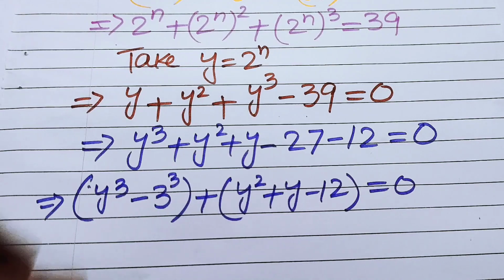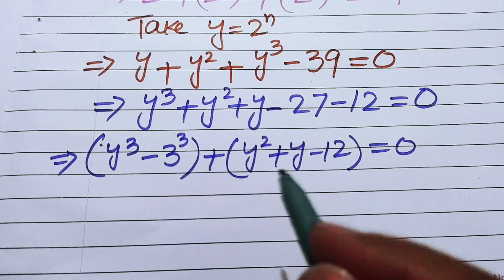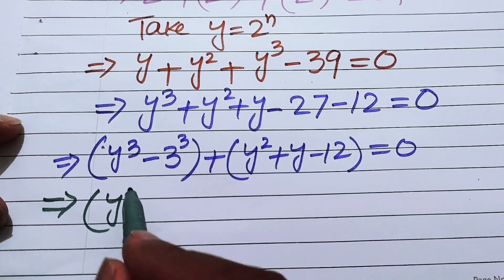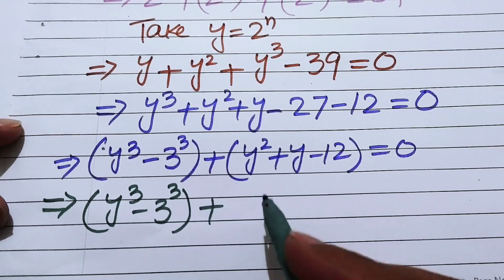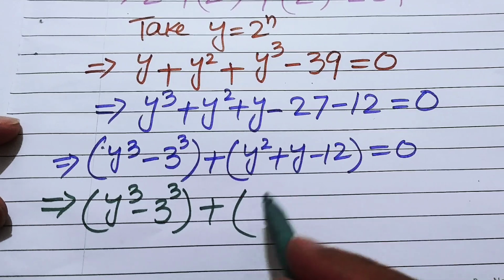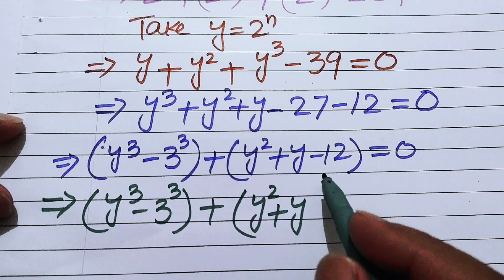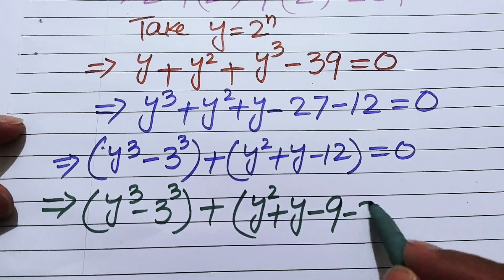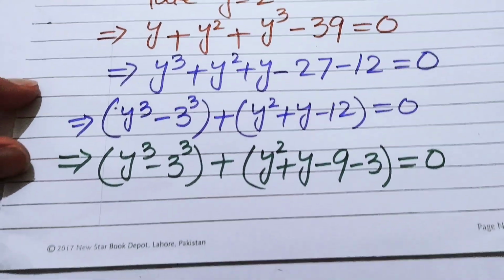So in the next step we will again simplify this equation, and we write it as y cubed minus 3 cubed plus we have y squared plus y, and we write this 12 as minus 9 and minus 3, and this whole equation equals 0.